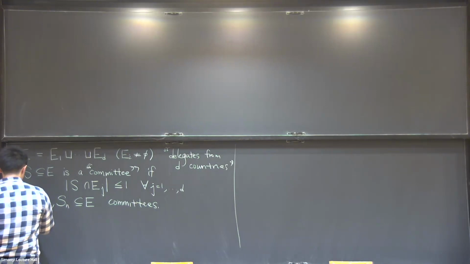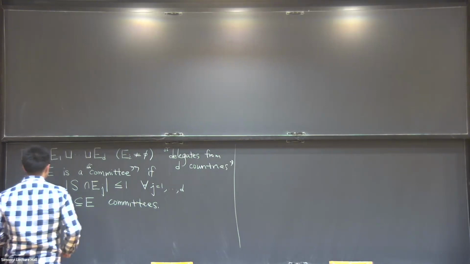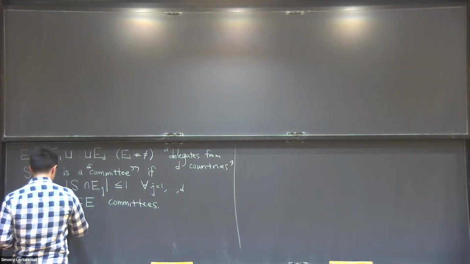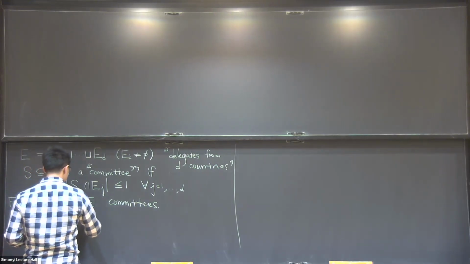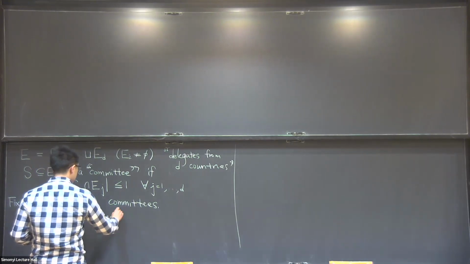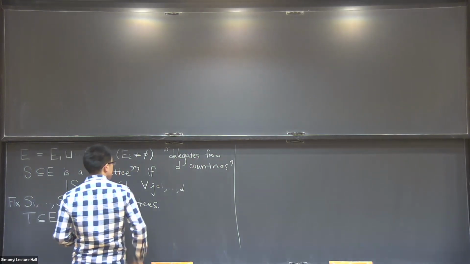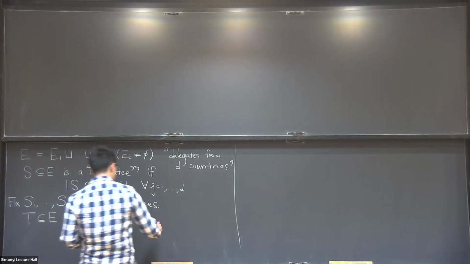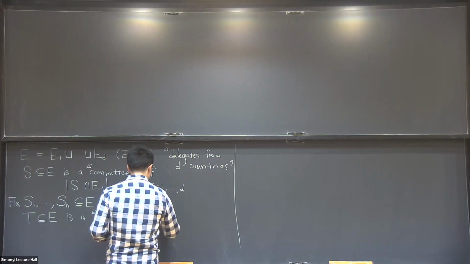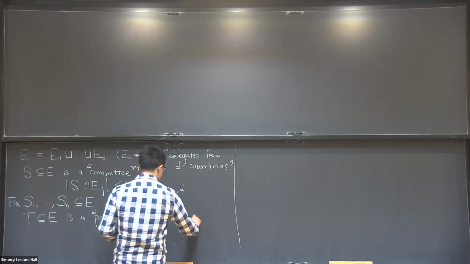And lastly, I need one more terminology, which is that of a panel. So again, a subset of E is a panel if every country is represented exactly once.